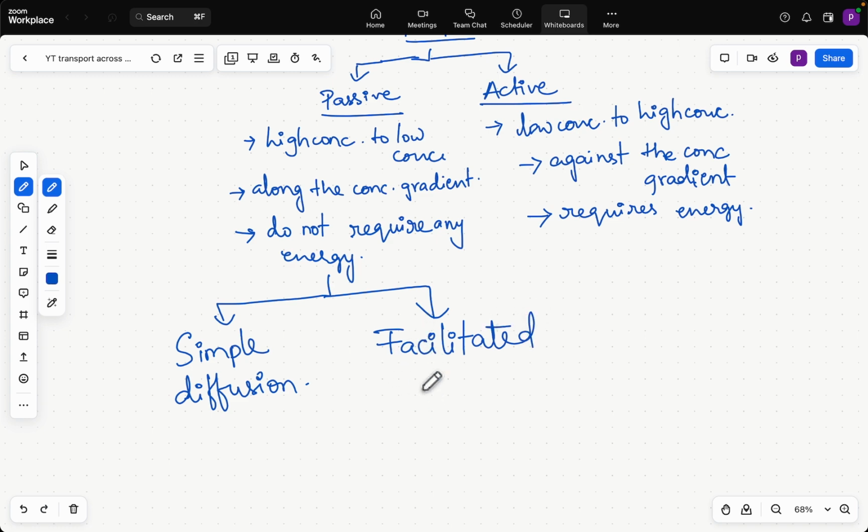So in both of these cases, whether it is a simple diffusion or facilitated diffusion, the molecules go from higher concentration to lower concentration without the requirement of any energy. So in simple diffusion and facilitated diffusion, no energy is consumed. There is absolutely no energy that is consumed.